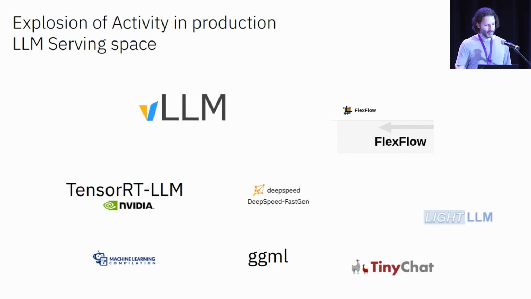There's a bunch of others here, like the DeepSpeed FastGen I mentioned. NVIDIA came out not too many weeks ago with something called TensorRT LLM, which is their version of this. There's a project called FlexFlow from Stanford. They were focused on the speculative decoding stuff, but now incorporating a lot of these other techniques.